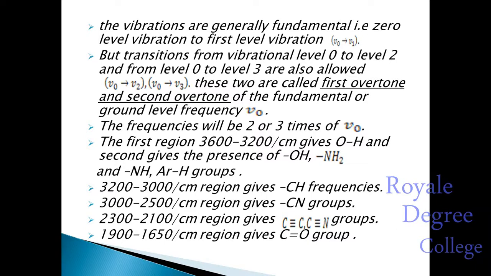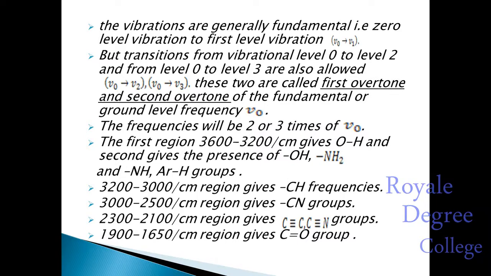The first region, that ranges from 3600 to 3200 per centimeter, gives O single bond H, and the second gives the presence of OH, NH2 and NH, as well as aromatic compound groups.